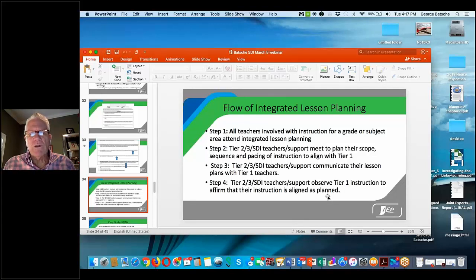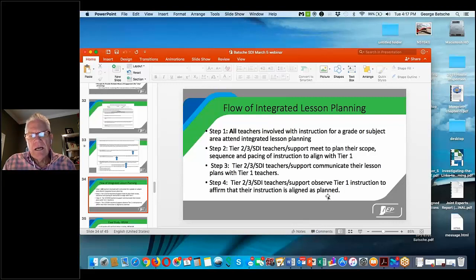So the flow is like this. About once a month, all teachers involved with instruction, that would include core, special ed, EL, reading specialists, math specialists, others, get together during a grade level lesson planning. And at my school, we only got together once a month, and we did 4 weeks of planning.